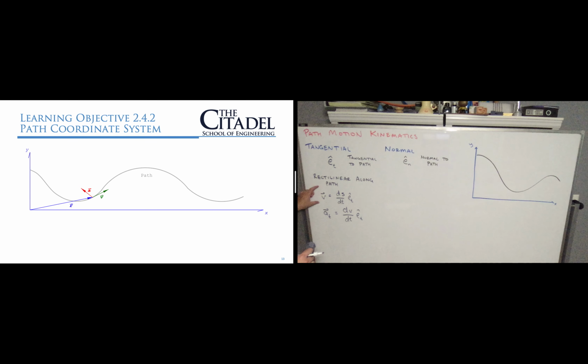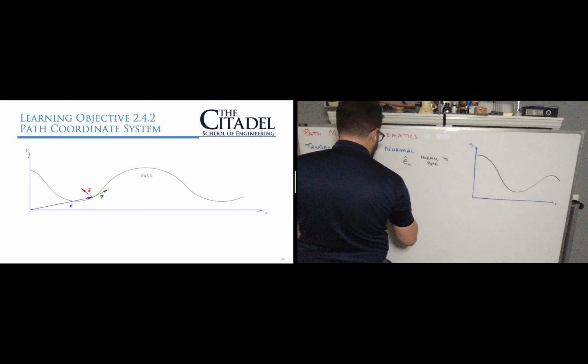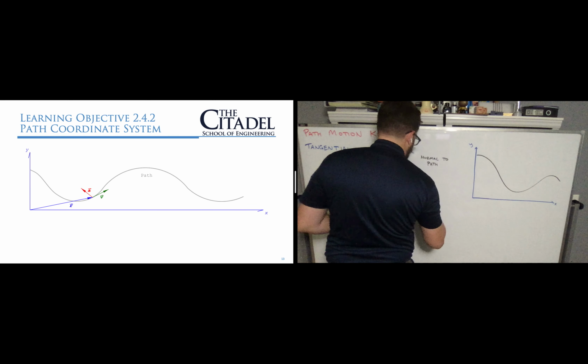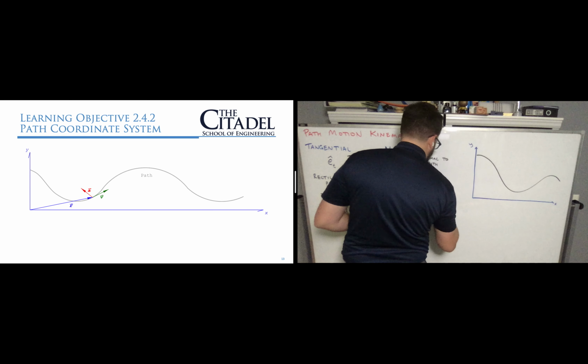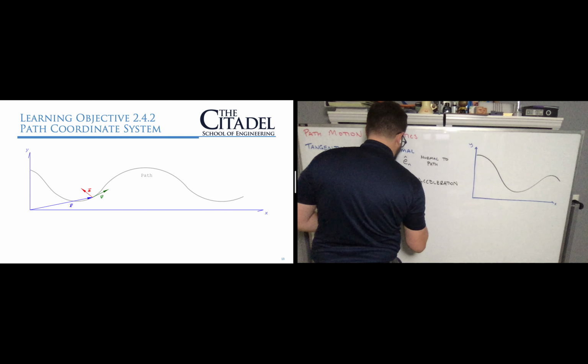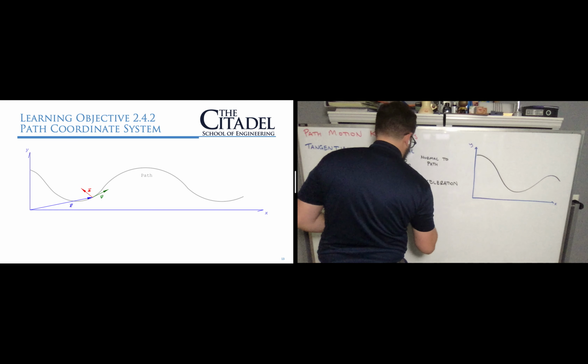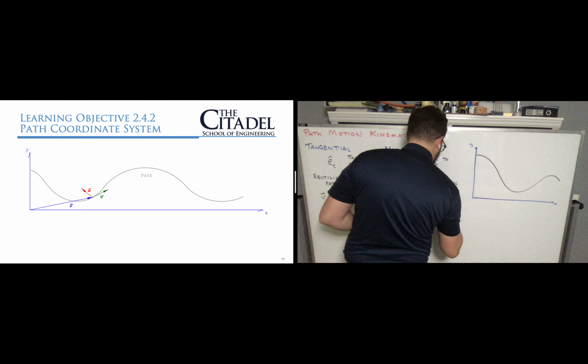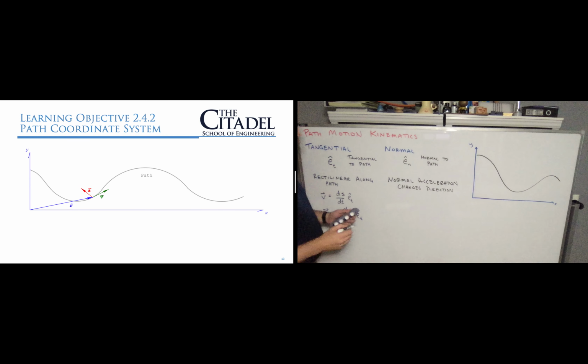Now, when we said the velocity was always tangential, when we look at the normal components, the normal acceleration is what changes direction.